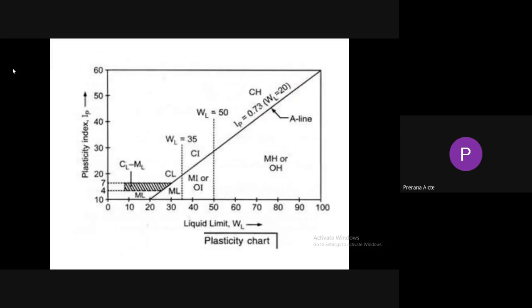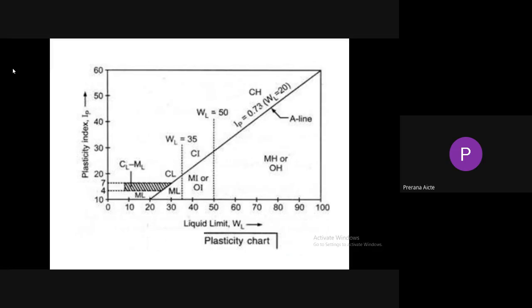If the plasticity index is between 4 to 7, the soil is classified as CL-ML, low compressible clay, low compressible silt. So don't go for checking height of the A line as well as plasticity index. Directly you can say the soil is low compressible clay hyphen low compressible silt, dual symbol.